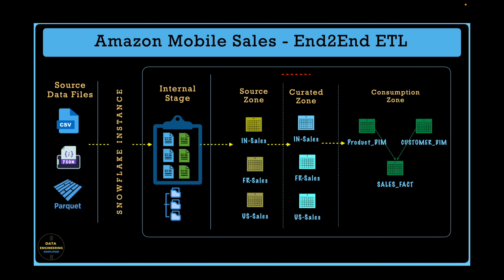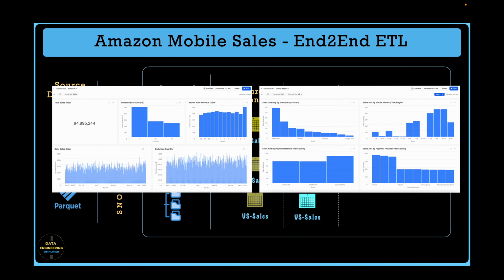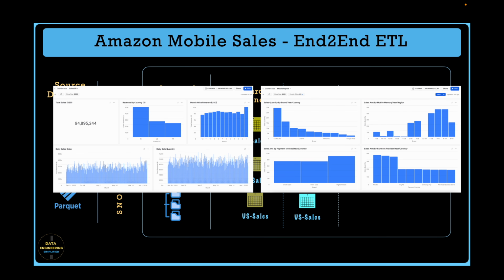We used Snowpark data frame APIs to curate the data to bring uniformity as well as delta load when we loaded 2019 sales data. And finally, we created fact and dimension tables in our consumption layer using Snowpark Data Frame API. And then we also created Sales KPI dashboard using Snowsight dashboard and filter capabilities. All of them free of cost using Snowflake free trial edition.